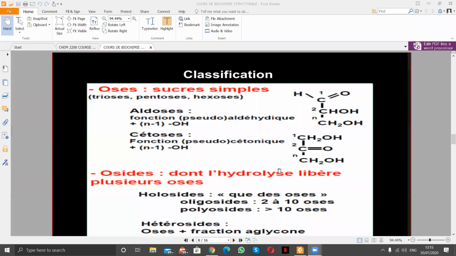I've got good examples of simple sugars. Have you seen this for aldose? It's formed on the first carbon. Have you seen it for ketose? Second carbon.